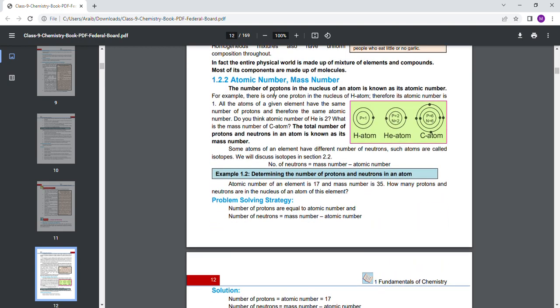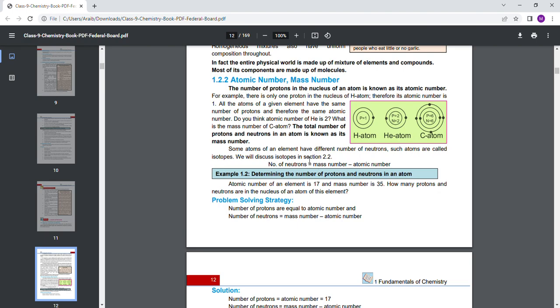Next topic is atomic number and mass number. The number of protons in the nucleus of an atom is known as its atomic number. For example, there is only one proton in the nucleus of each hydrogen atom, therefore its atomic number is 1. The total number of protons and neutrons in an atom is known as its mass number.